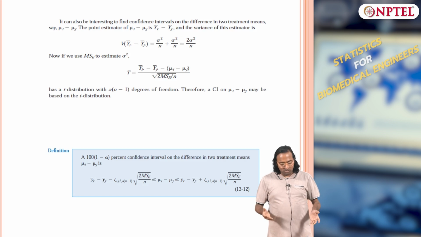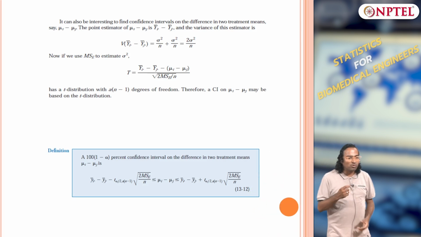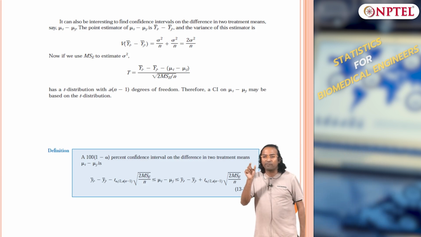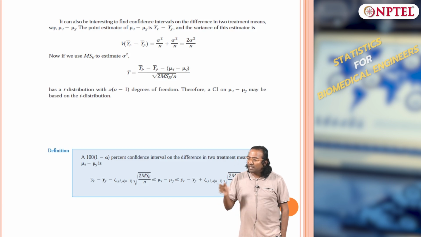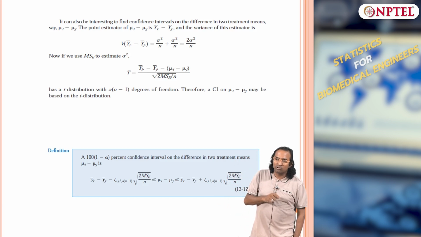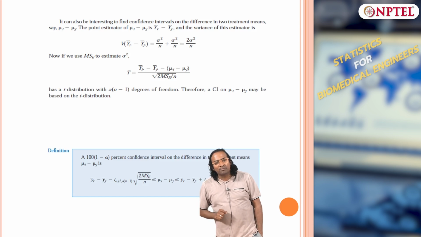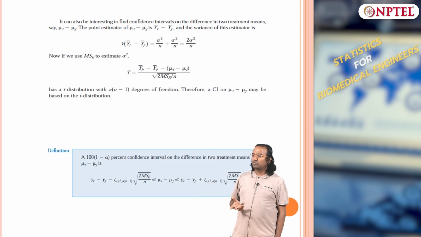So you will have 2 sigma square, which is 2 MSE divided by root n, that is all. You can check whether an individual mean is greater than 0, or whether the difference between the 2 treatments is greater than 0 or equal to 0.